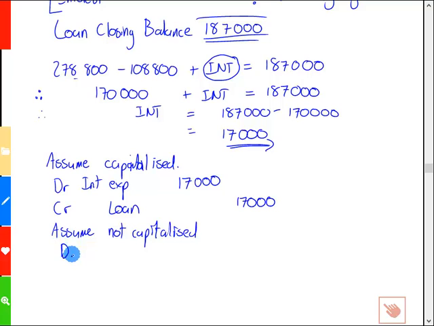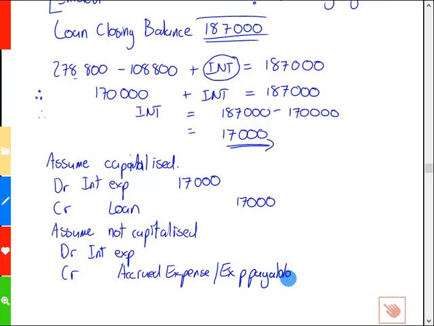Then we would debit interest expense. And which account would we credit? Expense payable, yes. Expense payable, also known as accrued expense. Same thing. So you really could have done either one of those, depending on what you assumed, whether the interest should be capitalized or not.